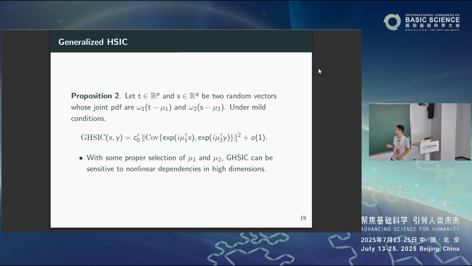So if we choose the location parameters mu1 and mu2 properly, the generalized HSIC will be sensitive to certain kinds of nonlinear dependence in high dimensions. But we know that it relies on the choice of mu1 and mu2, and we will derive a data adaptive way to select these.